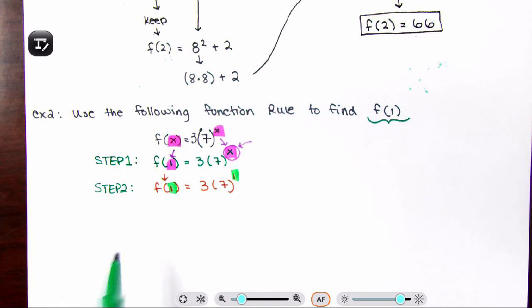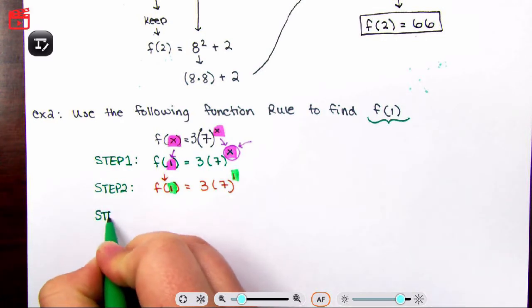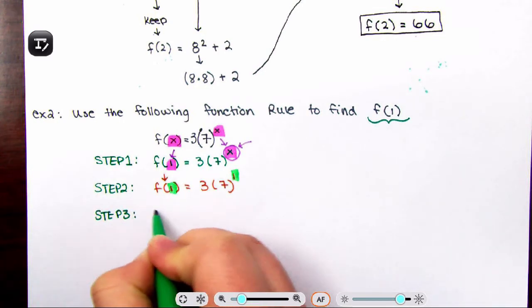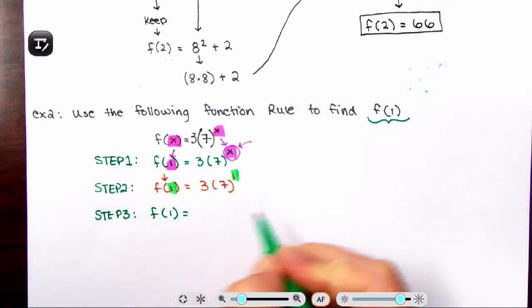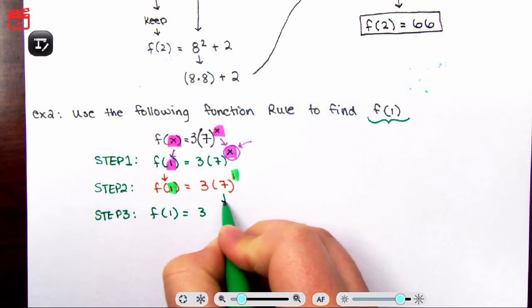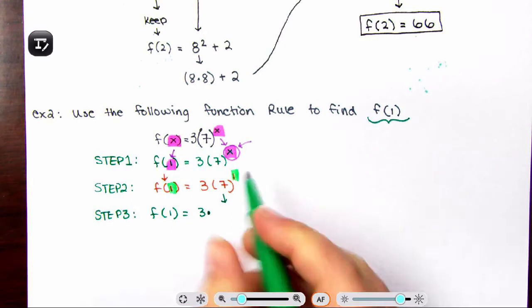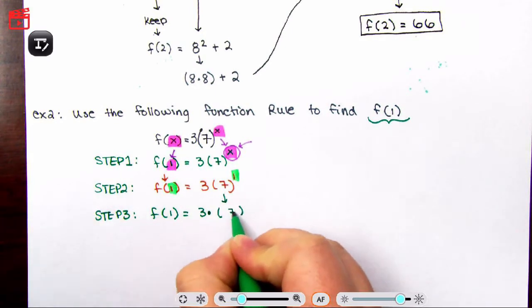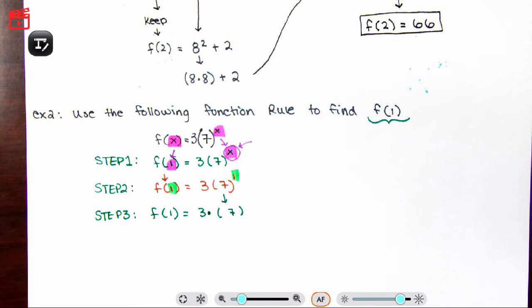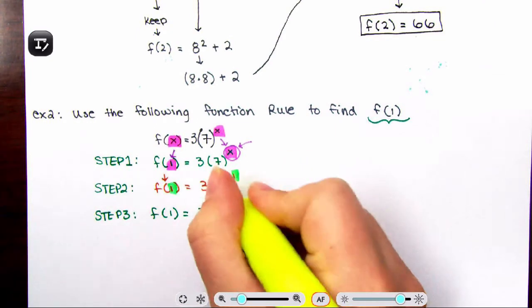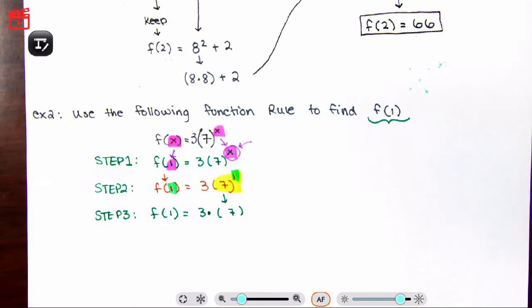After that, you're going to start to evaluate by evaluating what your exponent is. In this case, it's 7 to the first power, which is just 7. I'm going to highlight this in a different color. Let's use yellow. You're going to evaluate whatever the exponent is attached to.